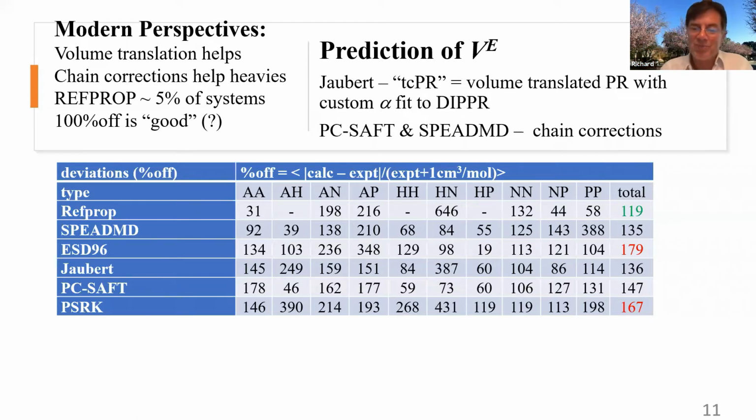So the point of including this REFPROP number in the green is to say that if that's the gold standard, then 135 versus 120 is not that different. And so these more or less predictive methods, because this wasn't a targeted property in the parameterization of those methods, are doing about the same.